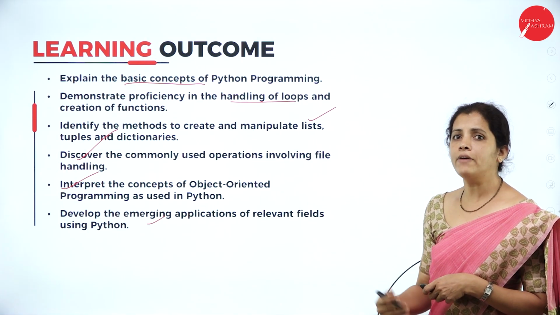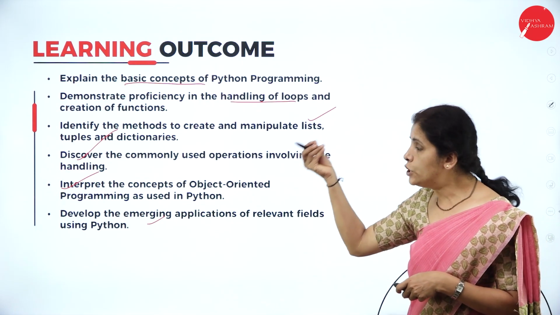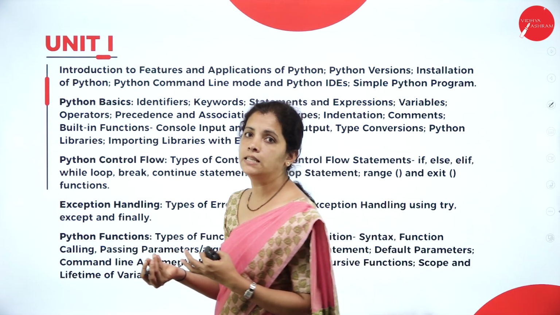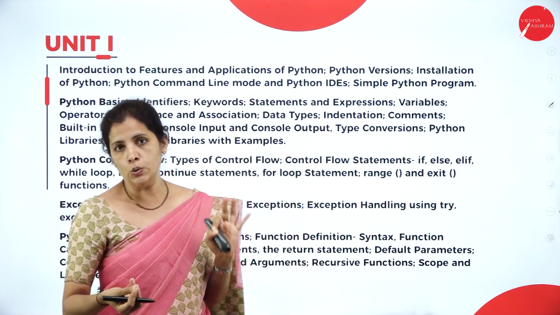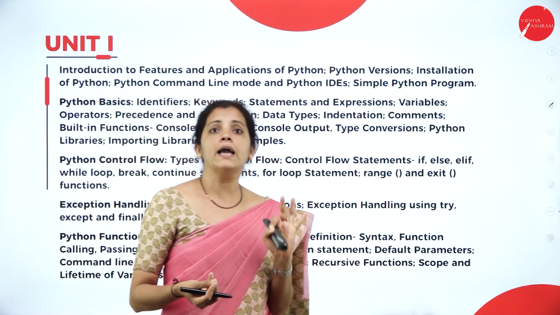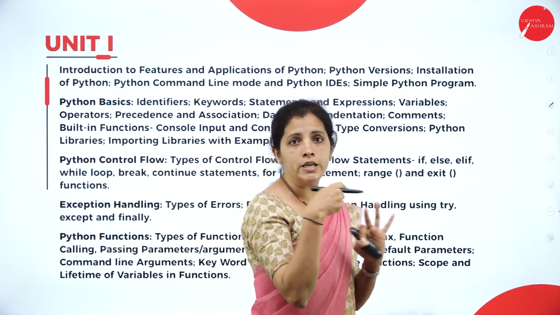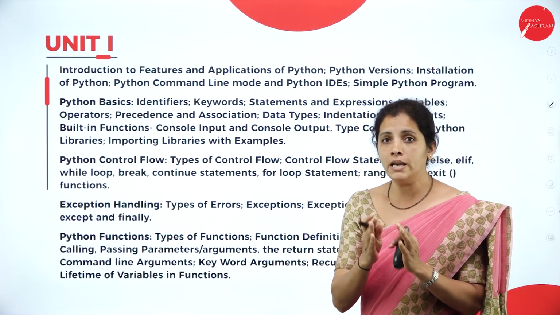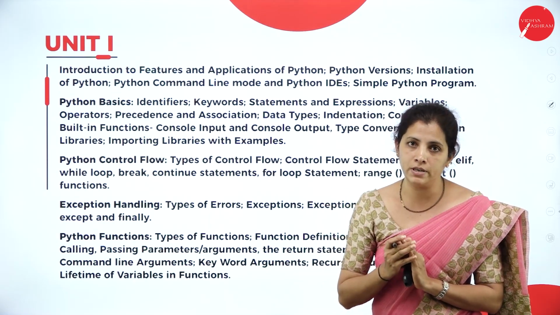Okay, fine. If I consider the units, how many units do we have in the subject? That is only 3 units. And if I consider these 3 units, each unit includes a minimum of 3 to 4 chapters.